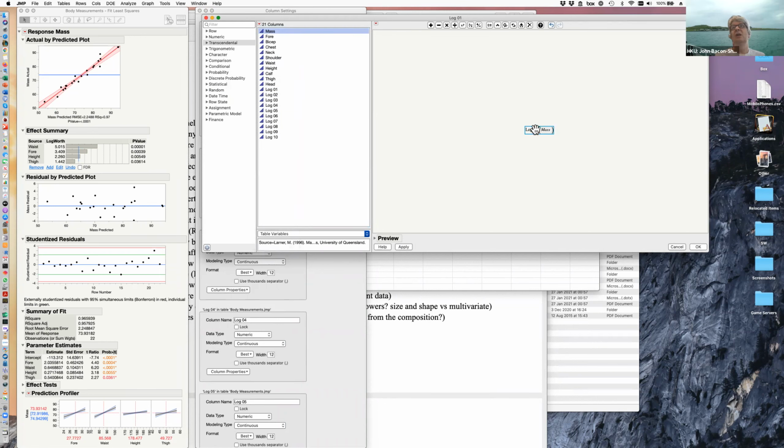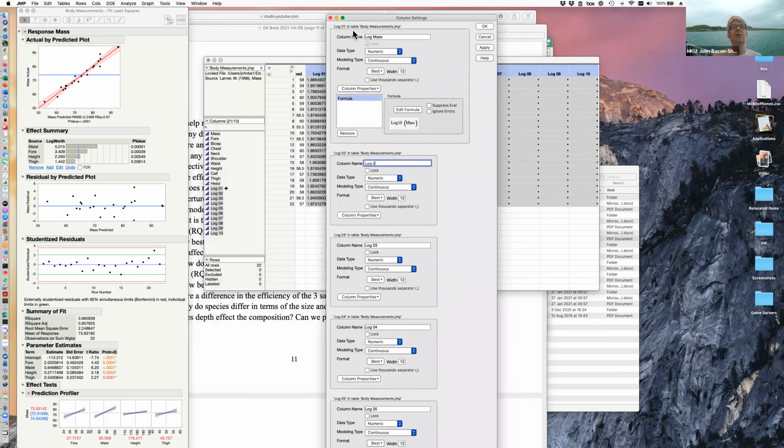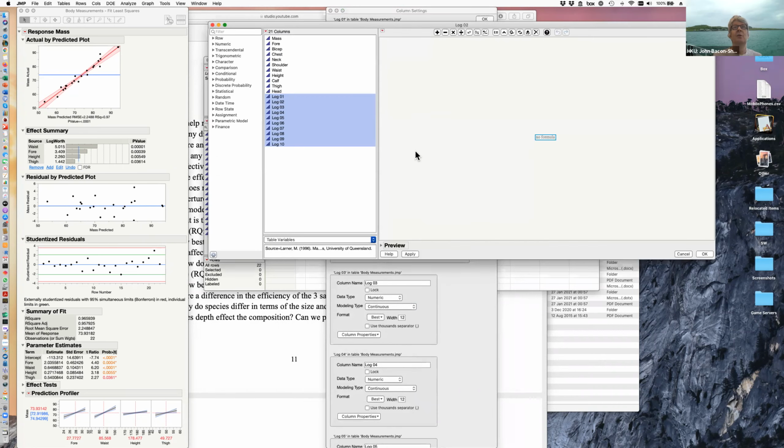Now I can sort of cheat. I can copy and paste this one into the others. So the second one is log forearm, formula, edit formula. I'm going to paste that value in and just change mass to forearm.